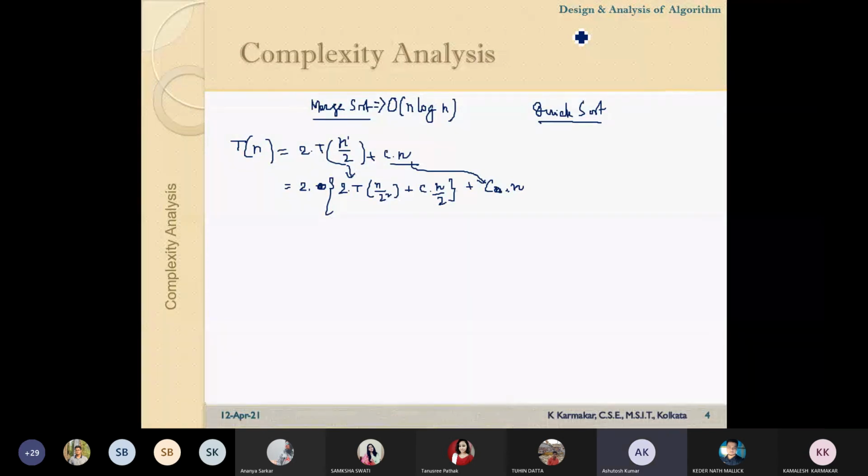It's n log n, best case n log n, and worst case it will be big O of n square. Okay, n log n, not only log n. So in case of quick sort, you know that sometimes it will be n log n in the best case, and in other cases it will be big O of n square.